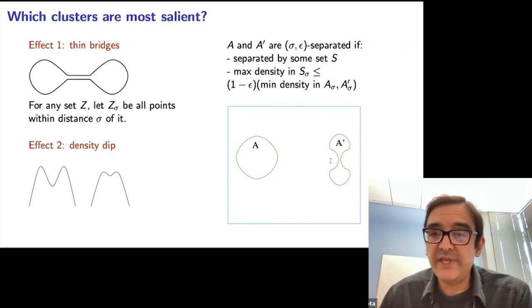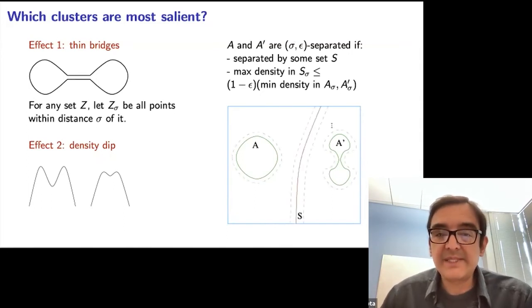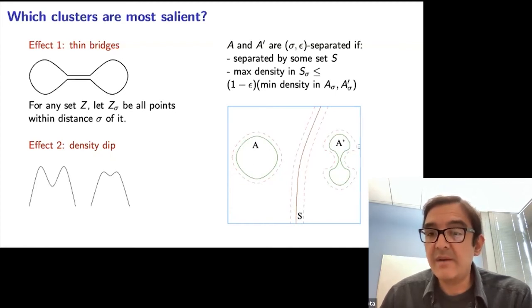We say they're sigma epsilon separated if there's some set S such that any path from A to A prime has to go through S. And moreover, the density anywhere in S is substantially less, 1 minus epsilon of the density in A or the density in A prime.